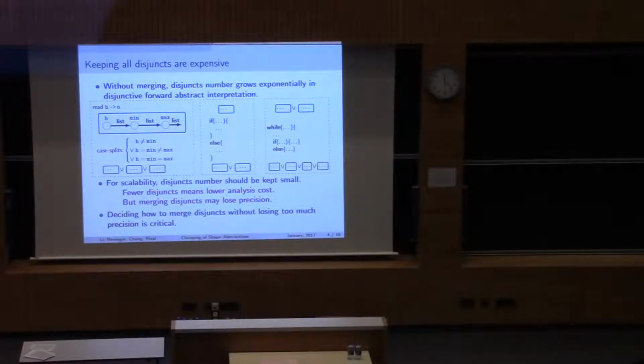Therefore, for scalability, the disjunct number should be kept small because fewer disjuncts means lower analysis cost, but merging disjuncts may lose precision. Therefore, deciding how to merge disjuncts without losing too much precision is critical.